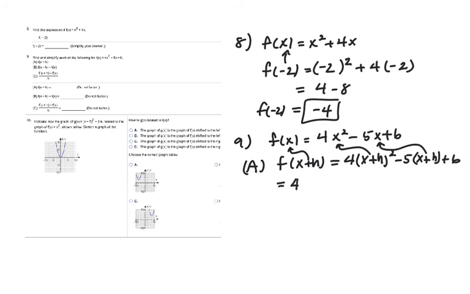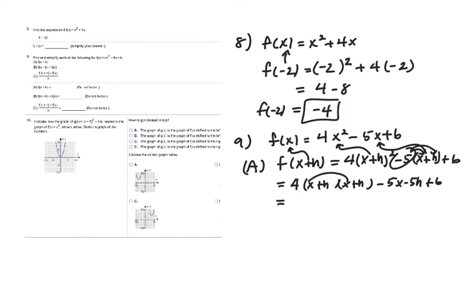So I have 4 times x plus h squared, which is 4 times x plus h multiplied twice. Minus 5 times x plus h, we'll distribute the negative 5 here, so we'll have minus 5x minus 5h plus 6. Here I'll go ahead and FOIL my x plus h first and then take the product of 4.